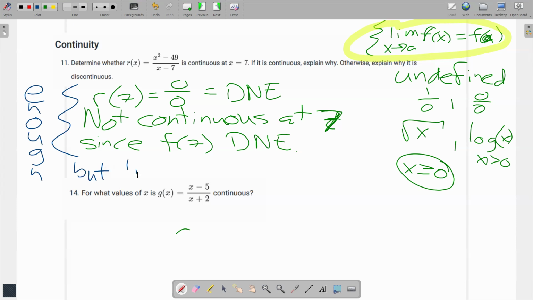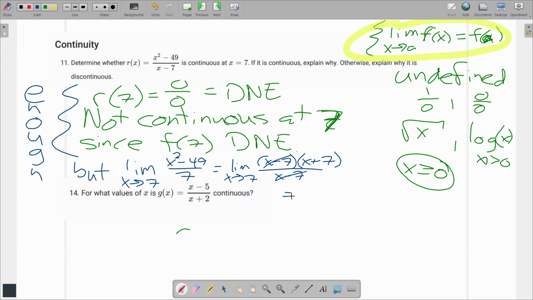Now we could go further and say, but the limit as x approaches 7 of x squared minus 49 over x minus 7 is equal to the limit as x approaches 7 of x minus 7 times x plus 7 over x minus 7, whack, whack, which equals the limit as x goes to 7 of x plus 7, which equals 14, but still not equal to f of 7.